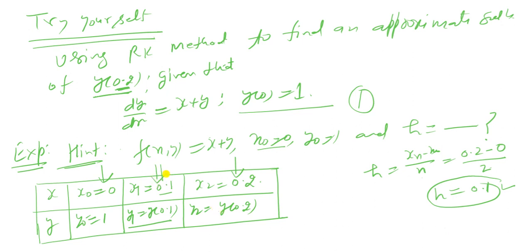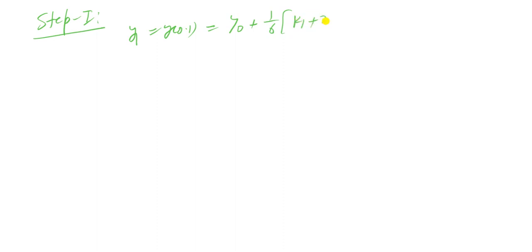So in step 1, find y1, that is y(0.1), which is y0 plus 1/6 (k1 + 2k2 + 2k3 + k4). Say this is equation 2. Then find the values of k1, k2, k3, k4.